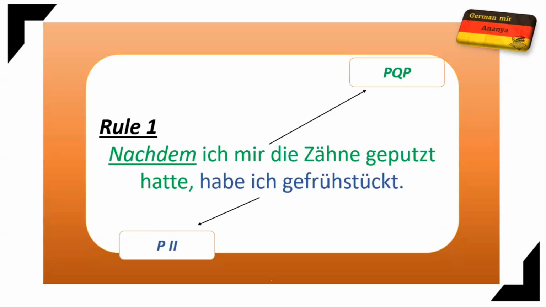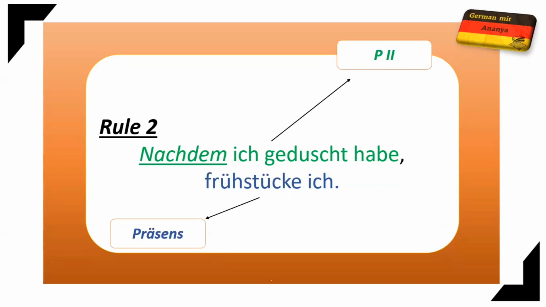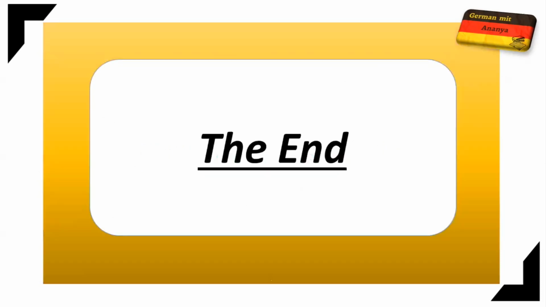For example, nachdem ich mir die Zähne geputzt hatte, habe ich gefrühstückt. So you can see here, the first sentence is PQP and the second one is Partizip zwei. And for rule number 2, nachdem ich geduscht habe, frühstücke ich. The first sentence is Partizip zwei and the second one is present.